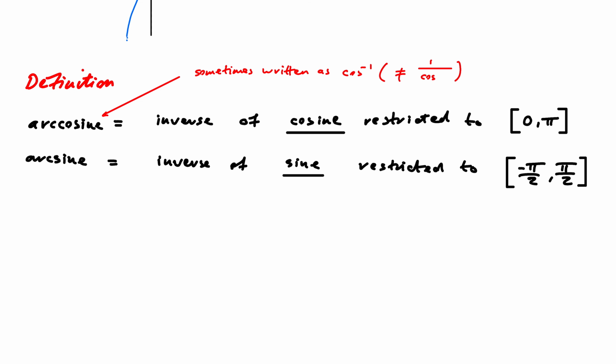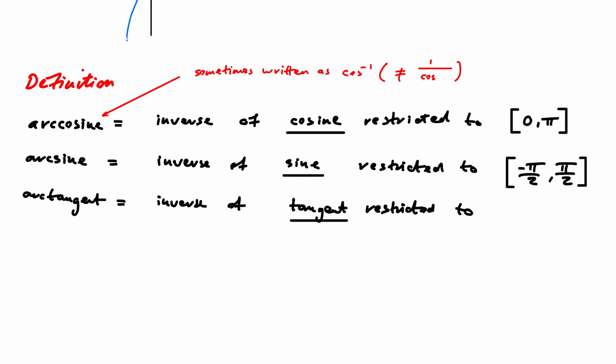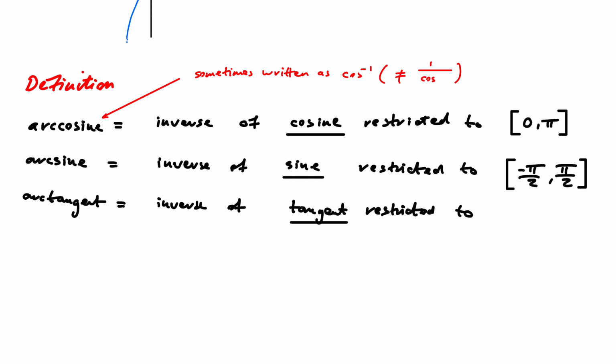Finally, arctangent. Not to be confused with 1 over tangent, absolutely not. It's a long way from that. Arctangent is equal to the inverse of the tangent function restricted to, now this one is a bit more delicate, remember, it is the open interval, because we can't take tangent of minus pi over 2 or pi over 2.